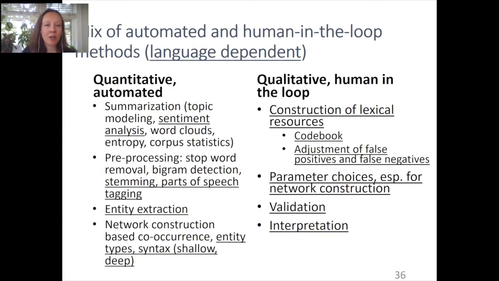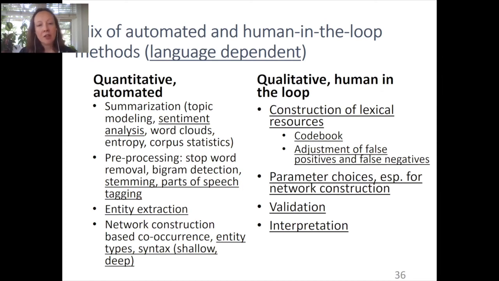Let's look at another way of summarizing what you have learned in this workshop. In this slide, I'm showing you the different methods that we have introduced you to or have mentioned. And underlined in this slide, you see methods that are language dependent. So everything that's not underlined is pretty much language independent.